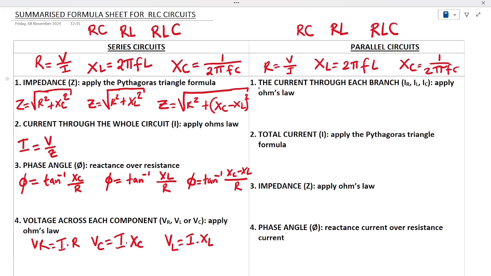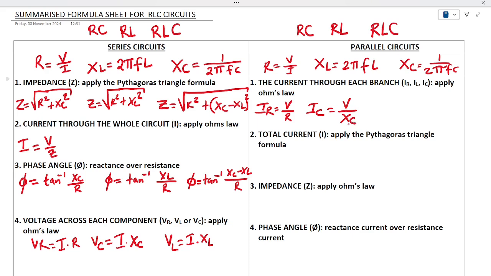So how do you calculate the current flowing through each component? For the current flowing through the resistor, you apply Ohm's law: IR is equal to V over R. For the current flowing through the capacitor, it's V over XC. This is Ohm's law.